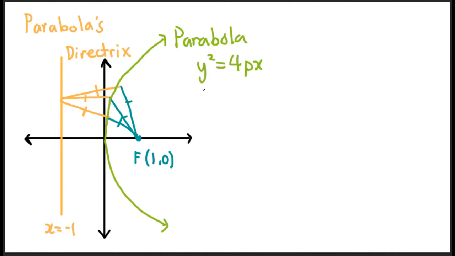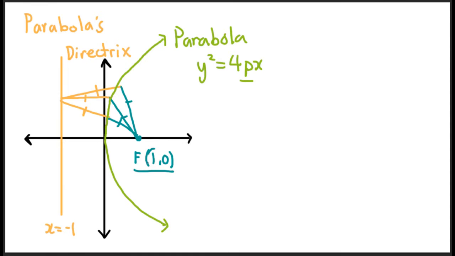Y squared, because, so what is the graph of y equals x squared? It's something like this, right? It goes like that. This is y squared equals x, so it just opens up sideways. It's just switching the y and the x. Anyways, to know what this p is, all we need to know is what the focal point is.